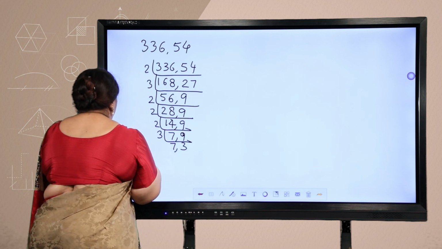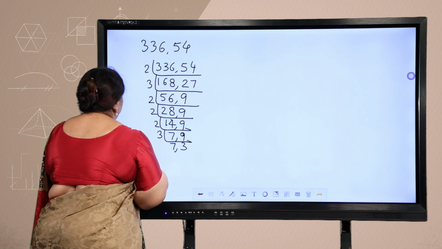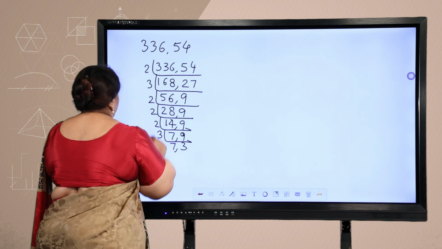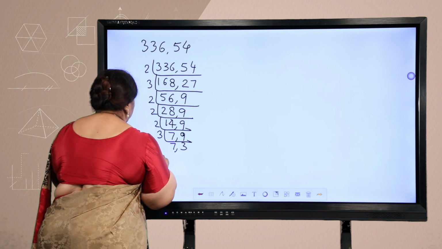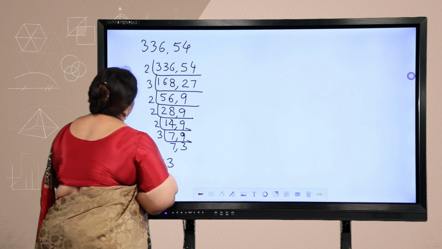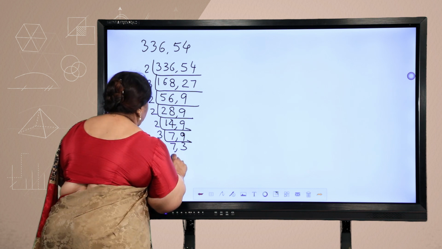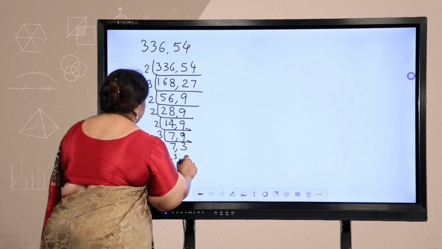So, what are the factors here? It is 2 into 2 into 2, 4 times, and 3 into 3 into 3, 3 times, into 7.